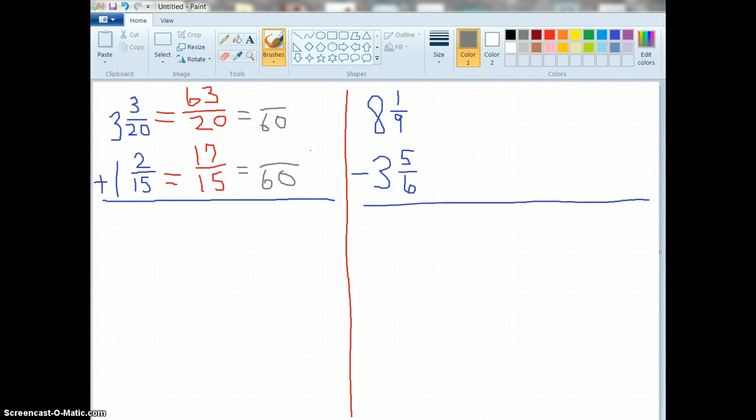We need to find each missing numerator. So with the first denominators, ask yourself how much could 20 go into 60? Right, that will go 3 times. So you multiply 63 also by 3 to get 189.